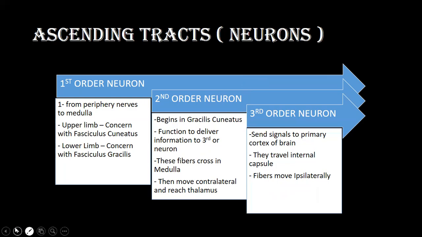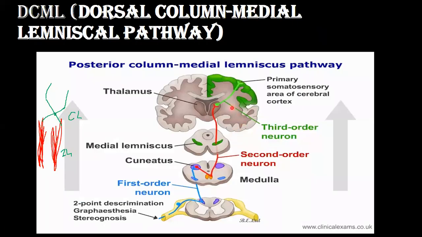So second order neuron takes the entire information from here contralaterally and then dumps it here. From the thalamus, the third order neuron conveys the information to the primary cortex.